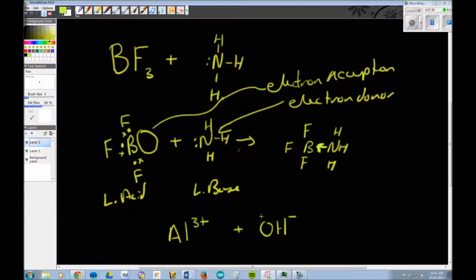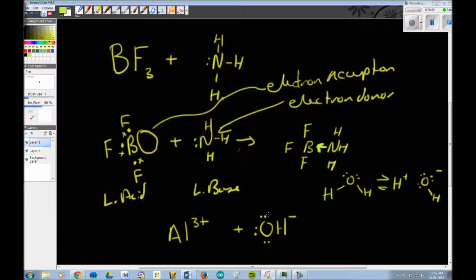OH kind of looks like this. Does that make sense? That's what OH minus would look like, because remember what we had originally was this, and then it went to this. So we have lots of electron pairs to donate.